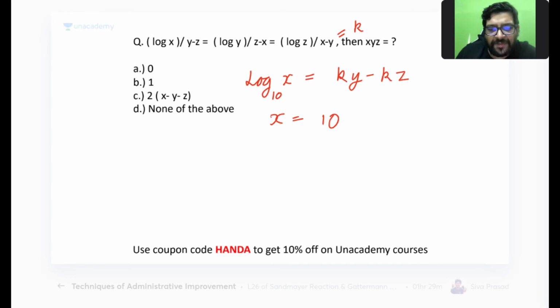So x is 10 to the power of (ky minus kz). Now can you solve it out? Once you have the value of x, can you similarly find the value of y and z and tell me what the answer will be?